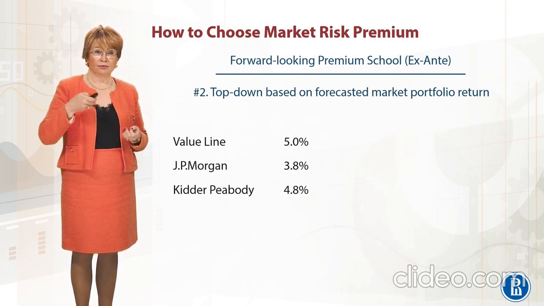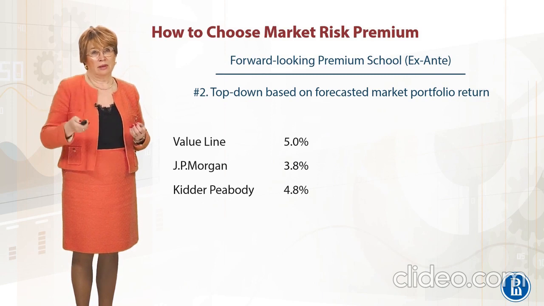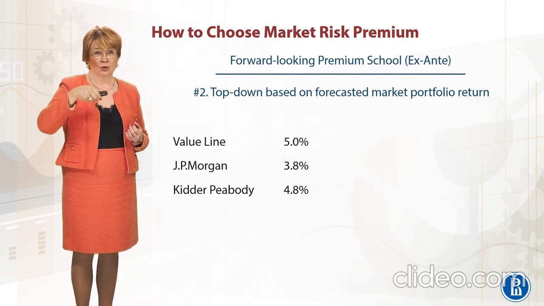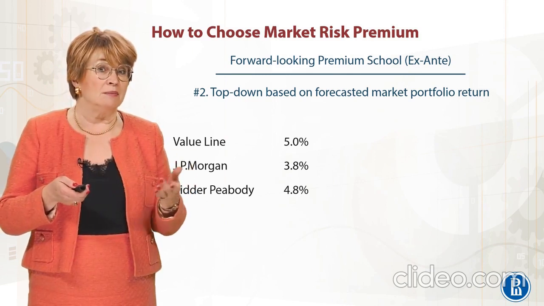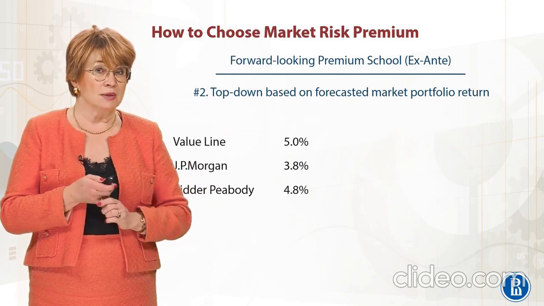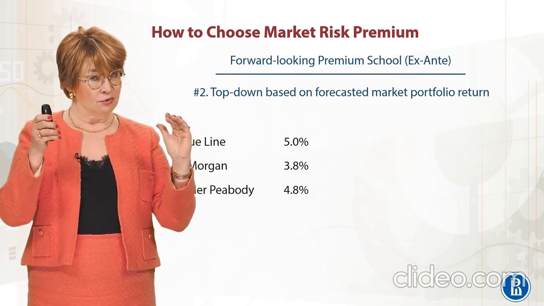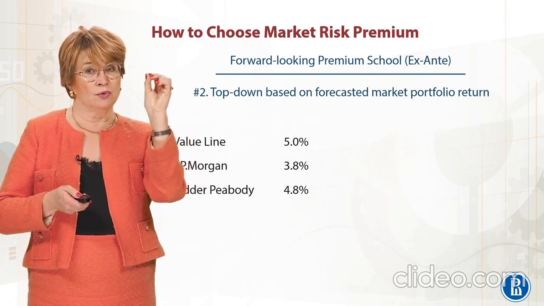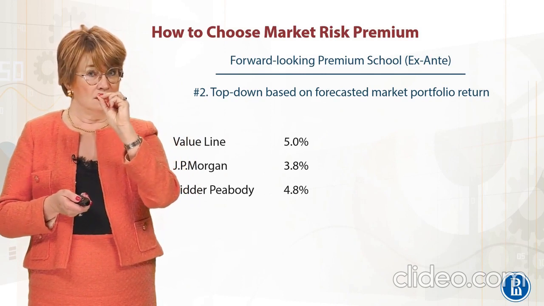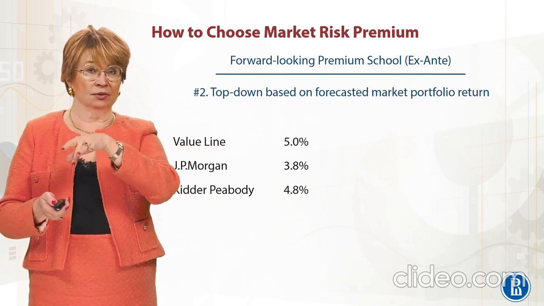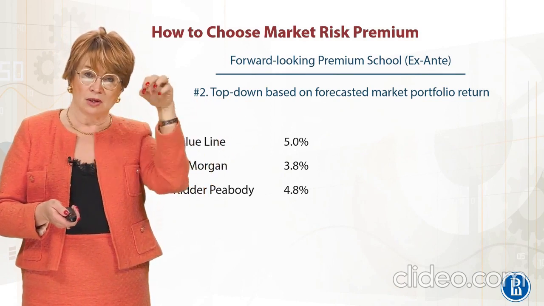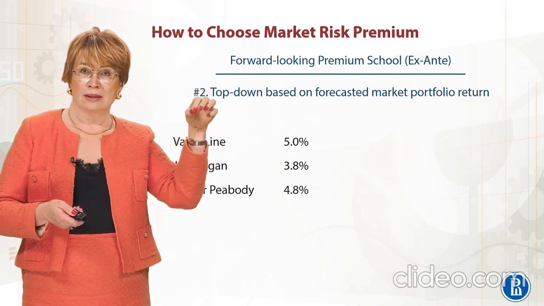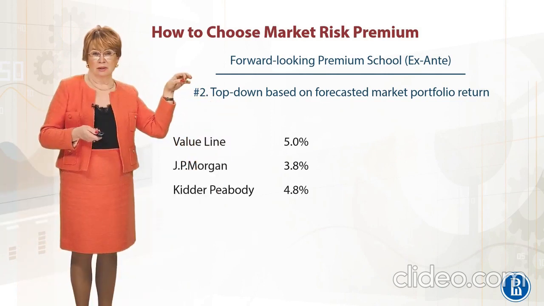We may also look at an opposite technique within the forward-looking premium school. Opposite means not from bottom to up, but vice versa, from top to bottom, the top-down approach. It means, let's say, Value Line, JP Morgan, Kidder Peabody, and some other agencies, they are directly forecasting the values for the market index. They are not starting by forecasting particular dividends, growth rates, or PE coefficients of individual companies.